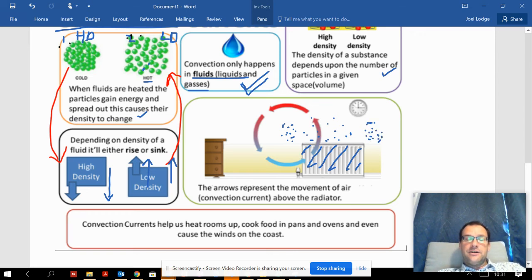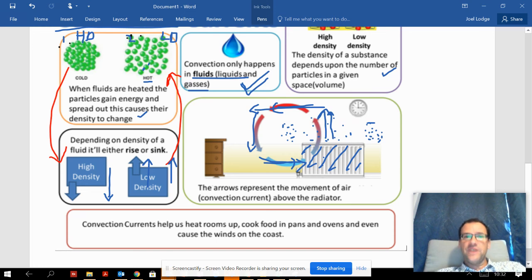Imagine all the air is colder here, so this air rises up, hits the ceiling, moves across, and starts circulating around the room again, because as this air rises, air has to replace the air that's lost here. So as this rises up, cold air is drawn in, which again gets heated by the radiator, which rises up, goes to the ceiling, circulates around, and we can heat up the whole room like this just by using one radiator and using convection currents to help us.